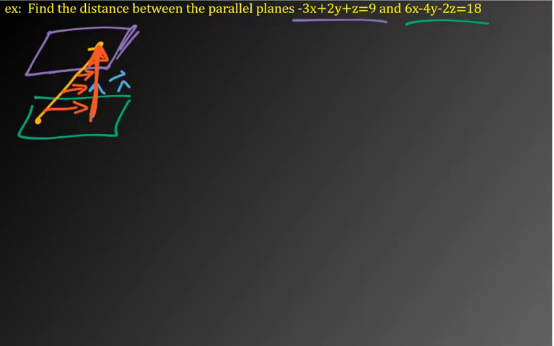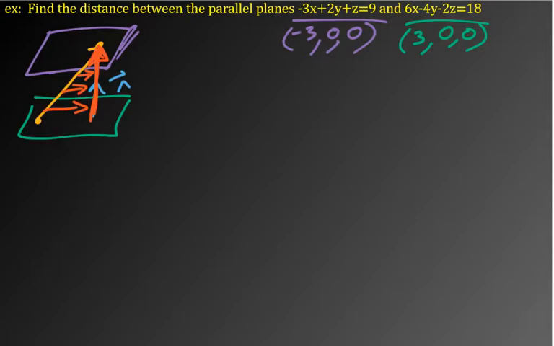One point that's easy to see in the first one is -3, 0, 0, because you can just get 9 and then plus nothing is 9. And then likewise over here, you could do 3, not negative 3, and then 0, 0, because 6 times 3 is 18, and then plus nothing.